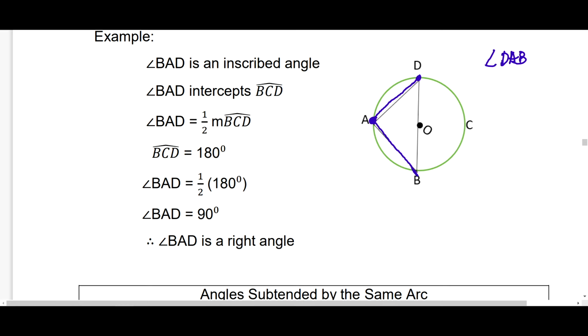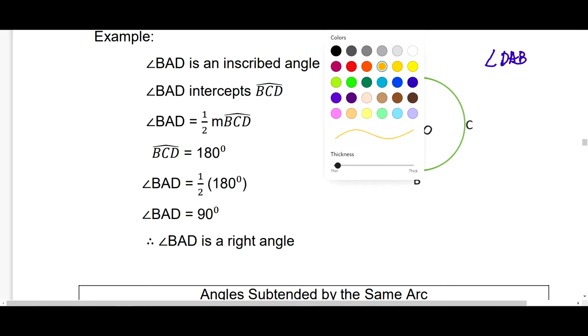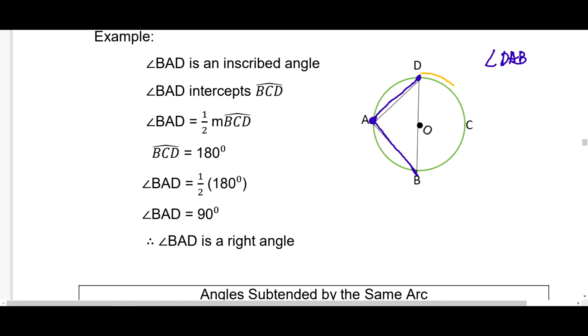Ini-intercept niya yung semicircle. Kung 180 to, anong kalahati ng 180? Syempre, that is 90 degrees. So, yun yung theorem niya. If an angle intercepts a semicircle, therefore, that is a right angle. Kahit usod-usod pa yan.